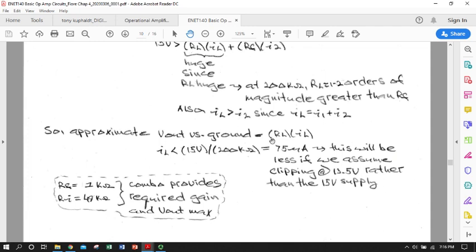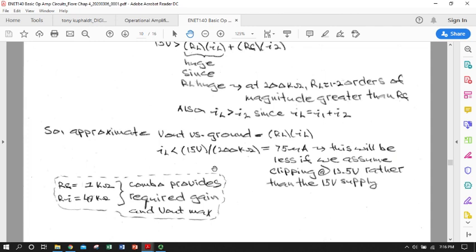Your V out versus ground, again, is R load times I load. So I load is going to have to be less than rail voltage divided by your load resistor, which, if we had the full 15 volts, would be 75 microamps. So this will be less if we assume clipping at 13.5 versus the 15 volt supply.